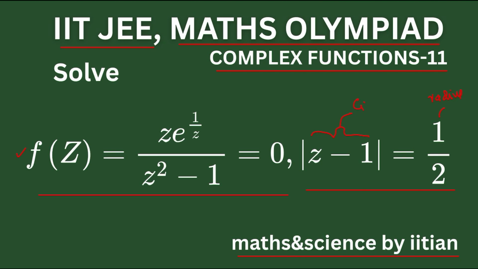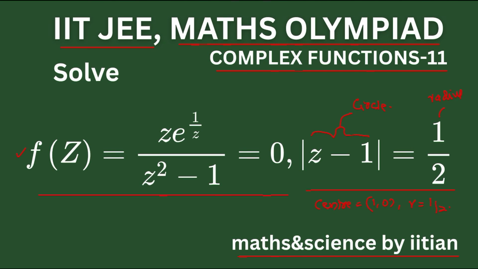This is a circle with radius half, with center as 1, 0. Center is equal to 1, 0, radius is equal to half.